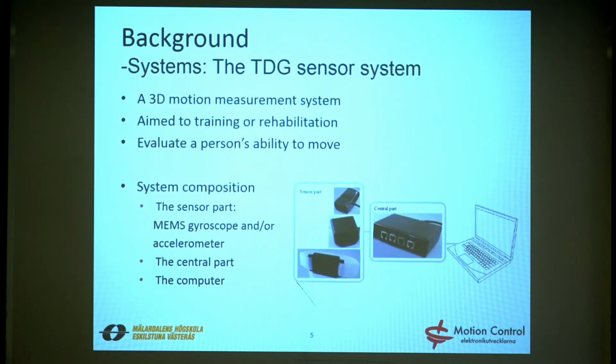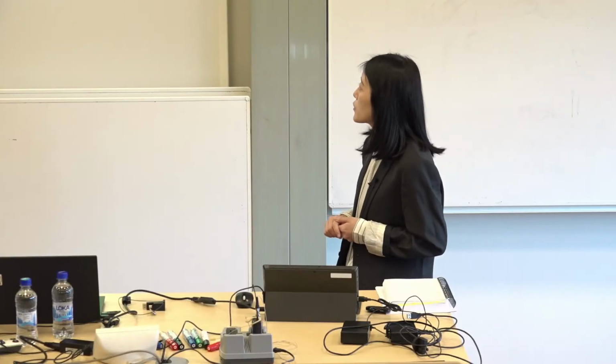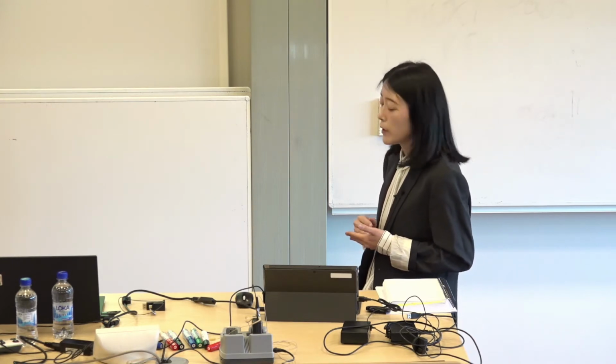The other system is a TDG sensor system, which stands for three-dimensional gyroscope, but it's a 3D motion measurement system with both MEMS gyroscope and MEMS accelerometer. It's aimed for training or rehabilitation, evaluating people's ability to move.